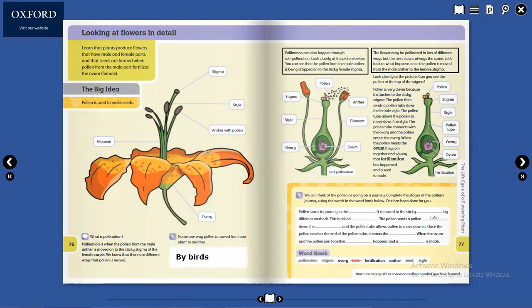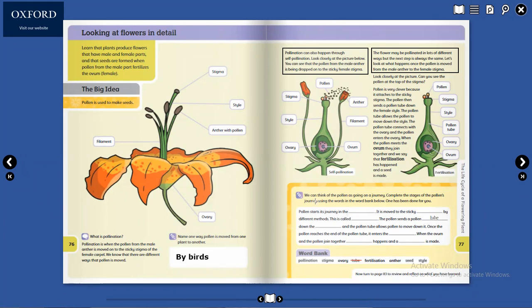The pollen tube connects with the ovary and the pollen enters the ovary. When the pollen meets the ovum, they join together and we say that fertilization has happened and the seed is made.